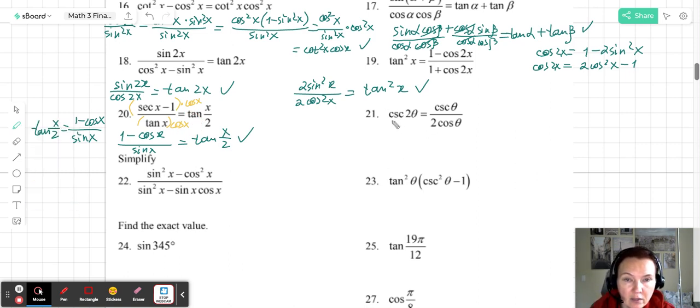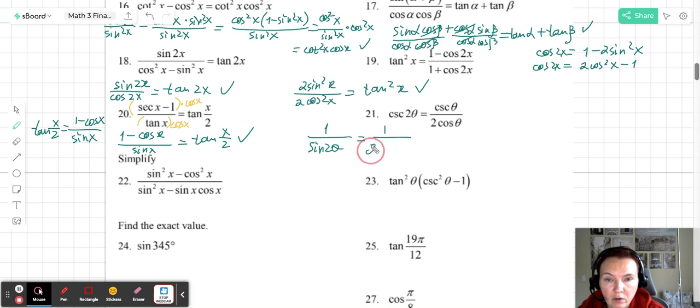And then finally in this one, I would have cosecant of 2 theta. I think it's 1 over sine 2 theta, right? Because cosecant is 1 over sine. And that is 1 over 2 sine theta cosine theta. Okay, so look at this and look at this.